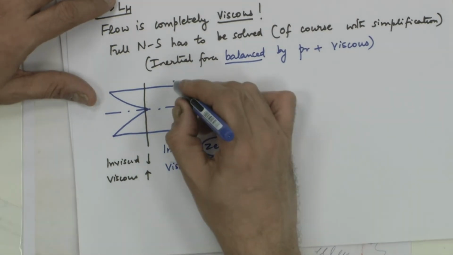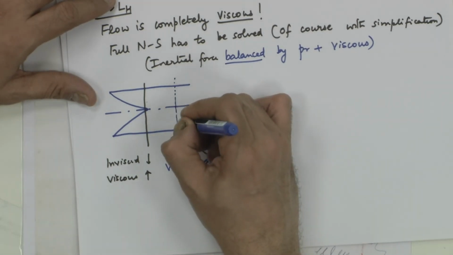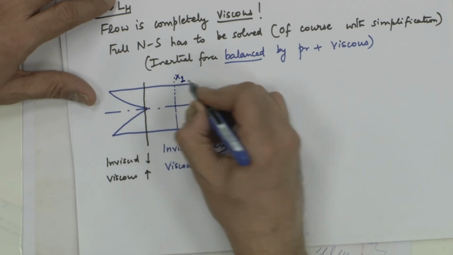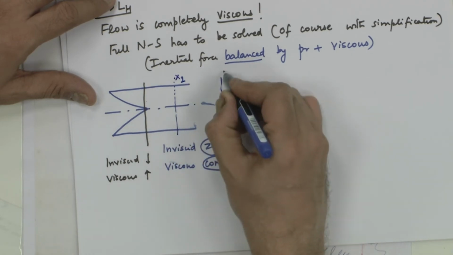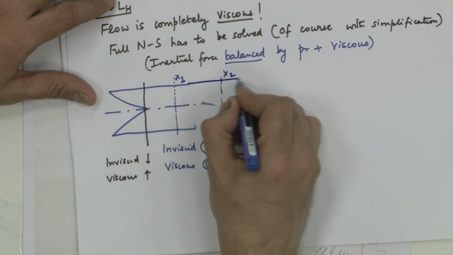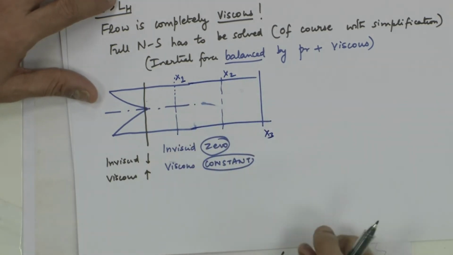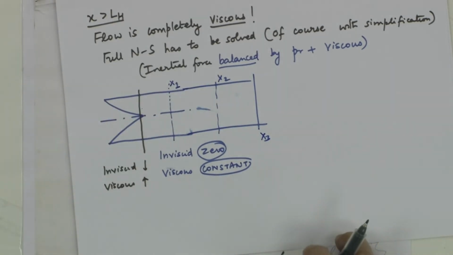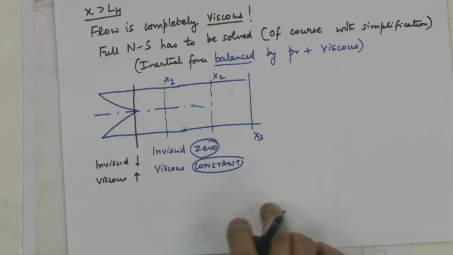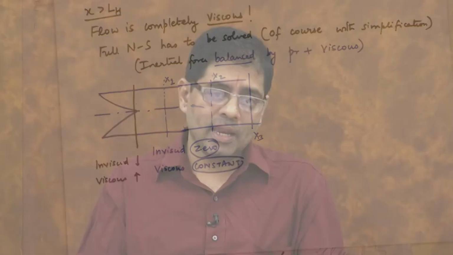That means, if I take some measurements here at x1, another measurement here x2, another measurement further downstream at x3, do you think there will be any change in any characteristics of the flow here? Why should there be any change?